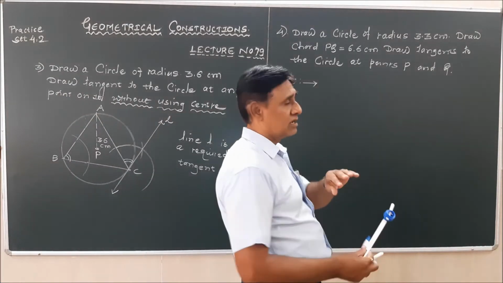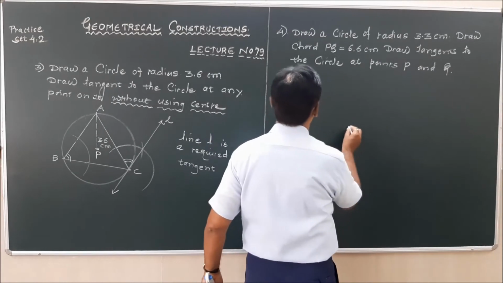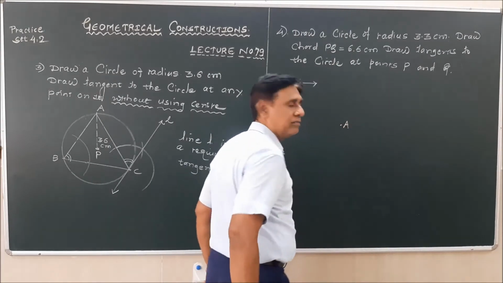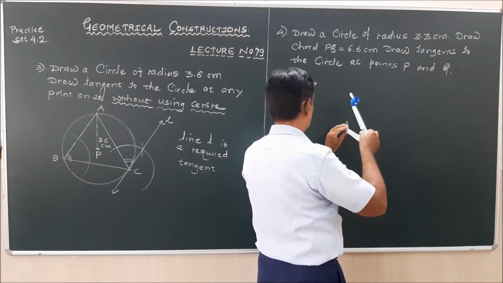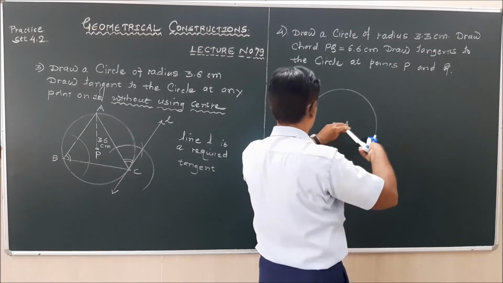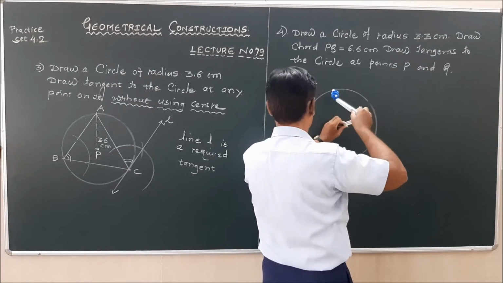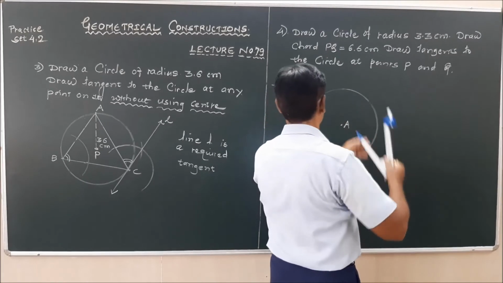The name of the center is not given. You can label the center by any alphabet. PQ is here, so I will say A. Okay, fine. Draw a circle first. Circle is drawn.